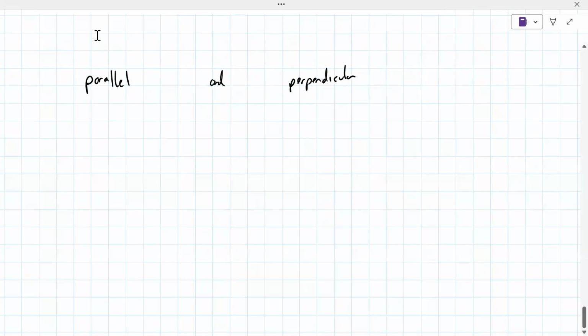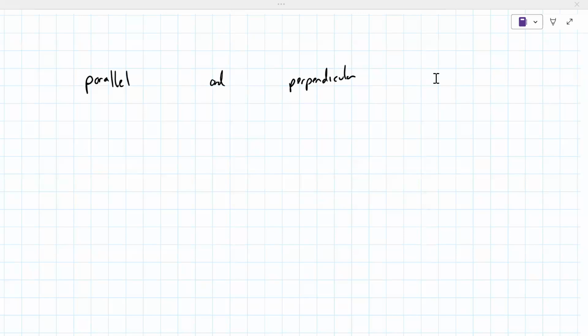Could you tell me about one or the other, or give me any information about them? Well, parallel is like right across, like the two lines in the street.